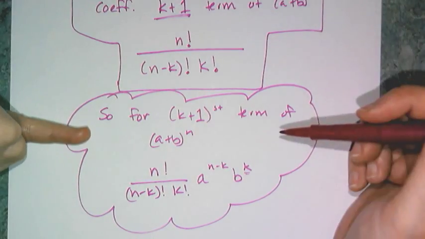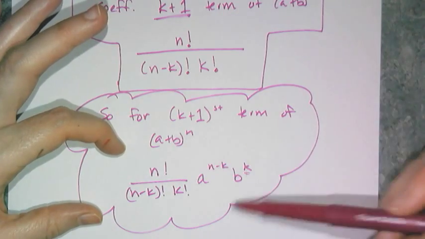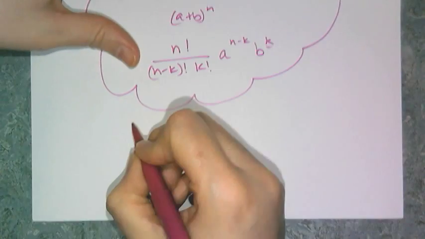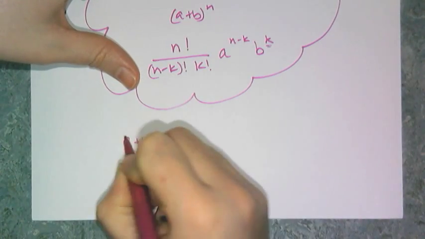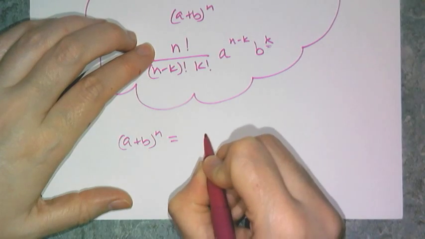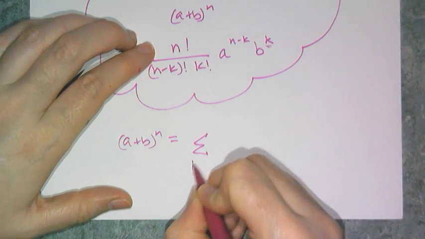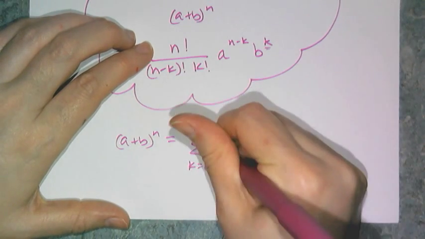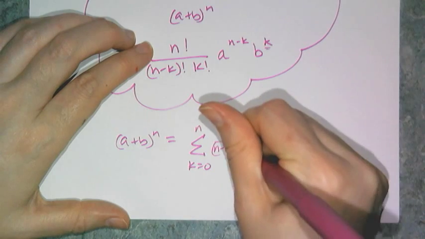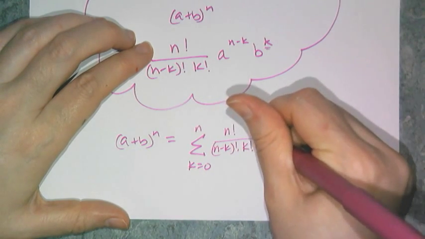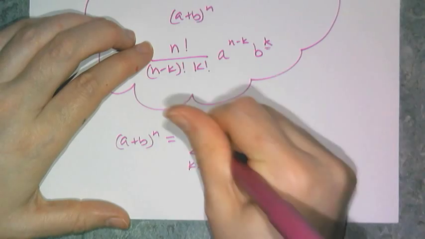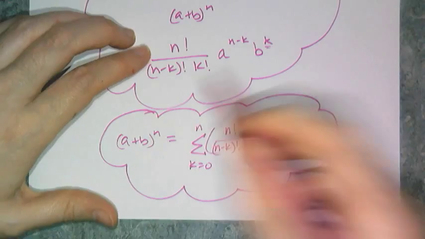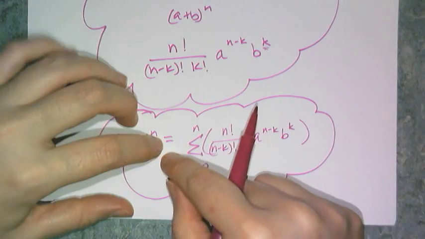Now that I have the expression or rule to generate a single term, now I can generate the entire expansion using the sigma notation by saying that a plus b to the nth power can be generated by the summation of k equals 0, starting with 0, you have to start with 0, to n of n factorial over n minus k factorial k factorial, a to the n minus k, b to the k. And so then this is the single squished together formula to generate any expansion.